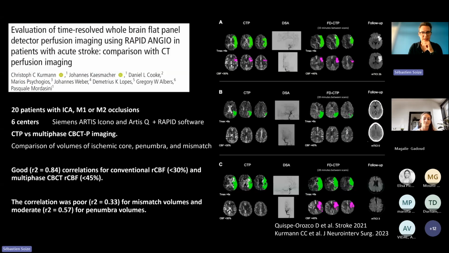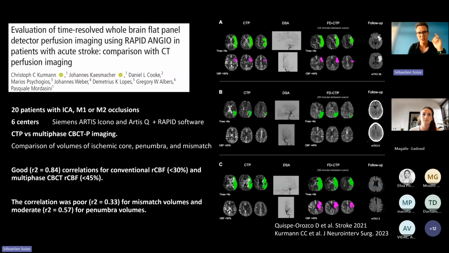Another study, also from Switzerland, with the Rapid software this time, and Siemens, has shown that finally, they got a good correlation for conventional CBF and multi-phase CBCT with different thresholds, which is really important. When you use CBCT, instead of the less than 30% CBF threshold, you have to be more sensitive, you have to go up to 45%.